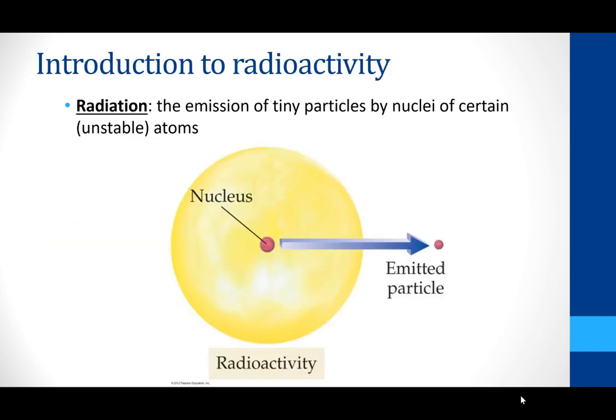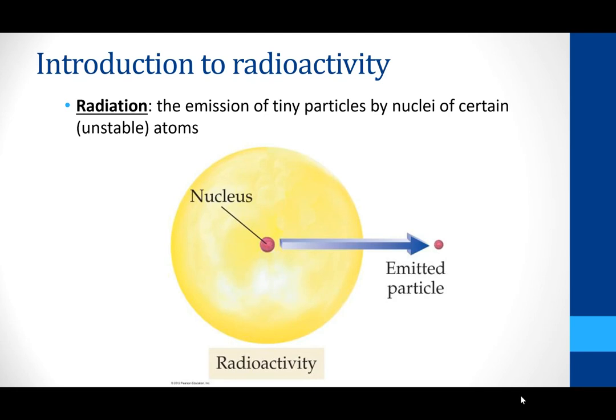So, nuclear chemistry. Nuclear chemistry is where we're going to study radioactivity or radiation. So, what is radioactivity or what is radiation? Radiation is the emission of tiny particles by the nuclei of certain unstable atoms.